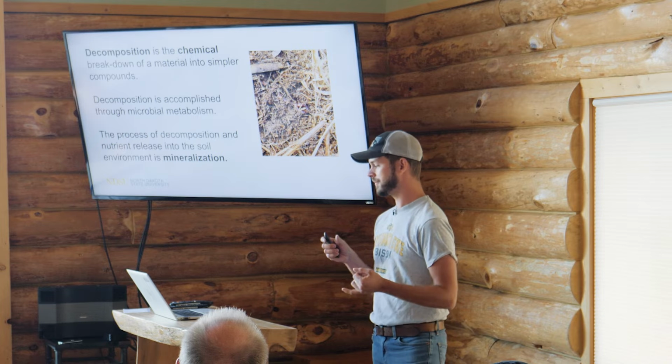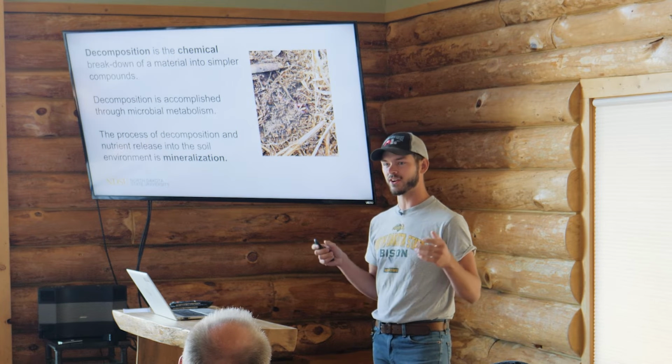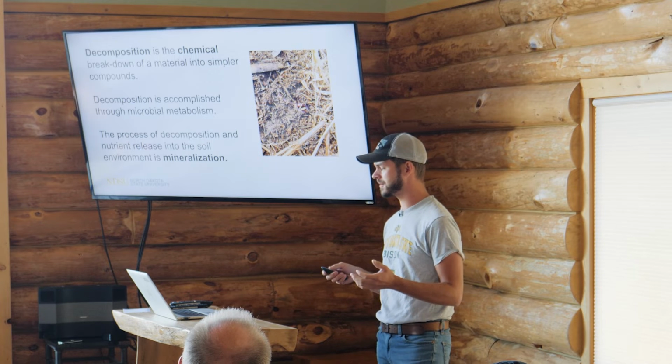So crop residues, root exudates, ground squirrel carcass are all organic forms of nitrogen. And when you go through that mineralization process, it turns into inorganic forms of nitrogen. So your ammonium, nitrate, nitrite, and this also applies to all of your other nutrients in the soil. Generally, if it can be taken up by the plant, it's an inorganic form of whatever nutrient you're talking about.